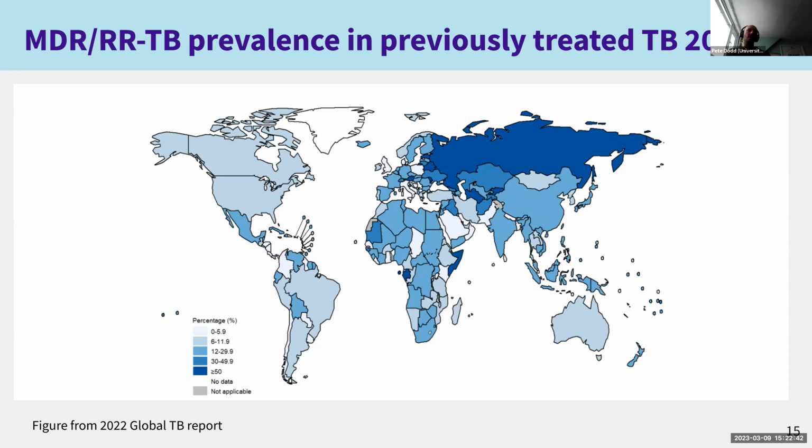So the data used are either for new TB patients, so patients who haven't been treated before, or for previously treated TB patients, in whom the levels of resistance are typically higher. So every kind of data you can think of will be stratified in those ways.